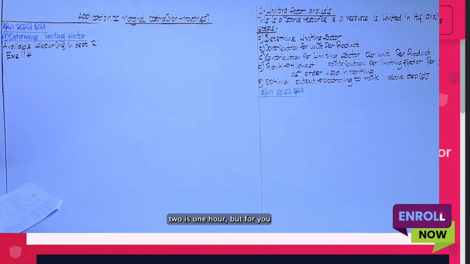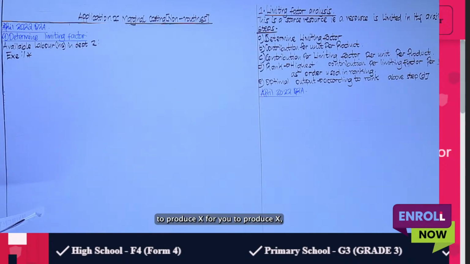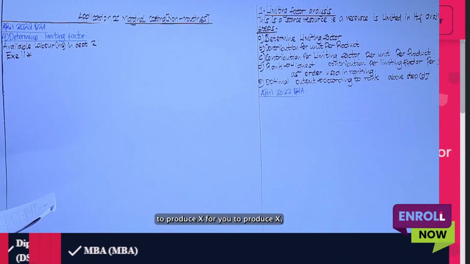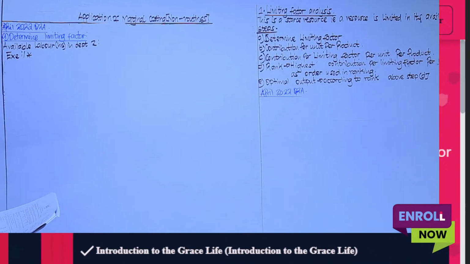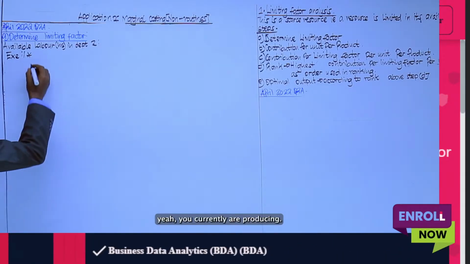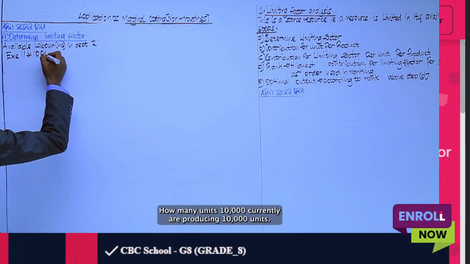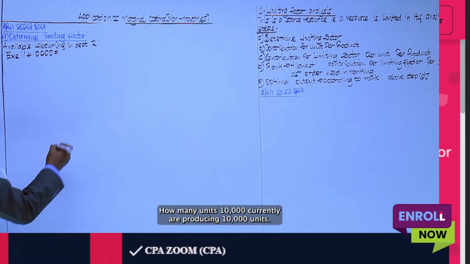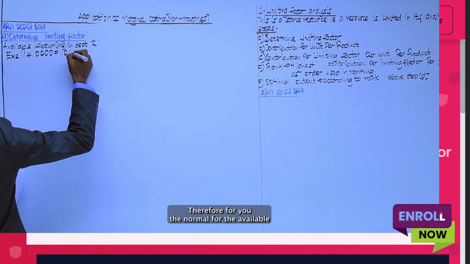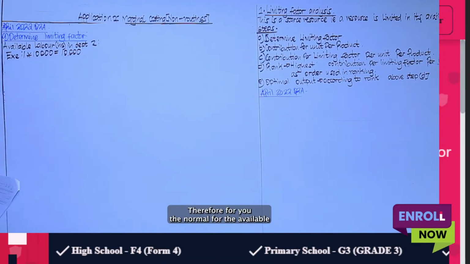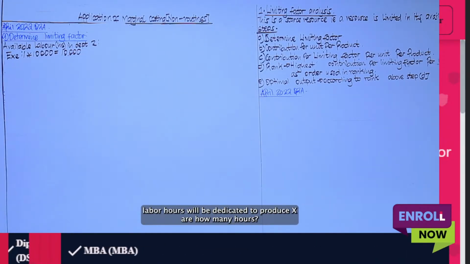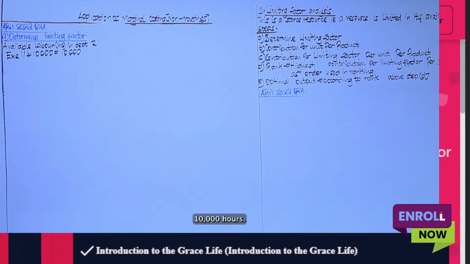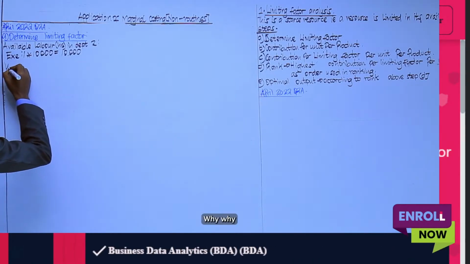But for you to produce X, you currently are producing how many units? 10,000 units. Therefore, the available labor hours that will be dedicated to produce X are how many hours? 10,000 hours. Why?